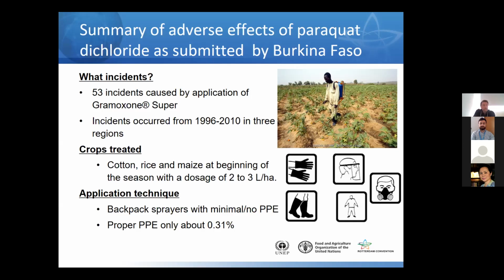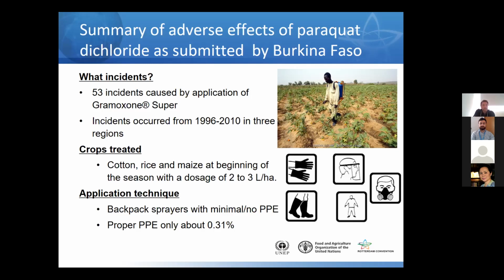And incidents were reported based on a survey on farmers and included 53 males between 29 and 65 years old who had applied the product in the field. The incidents occurred between 1996 and 2010 in 3 regions.